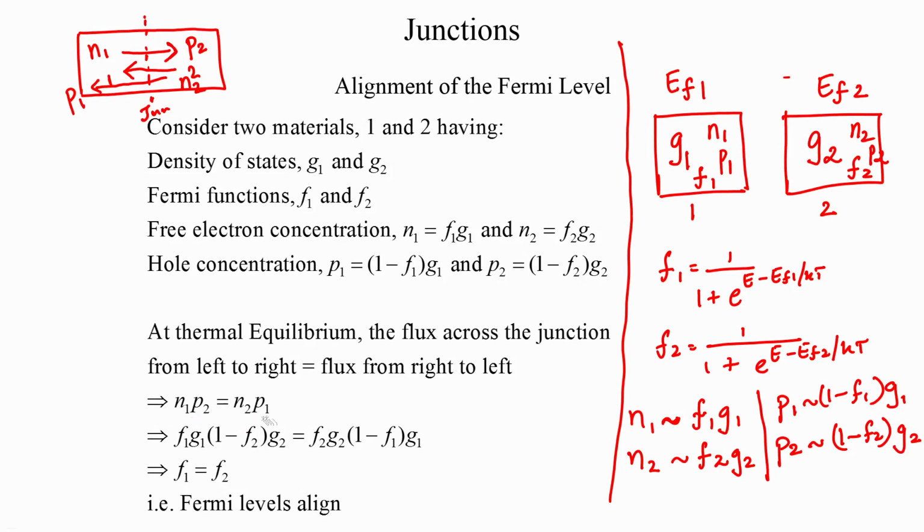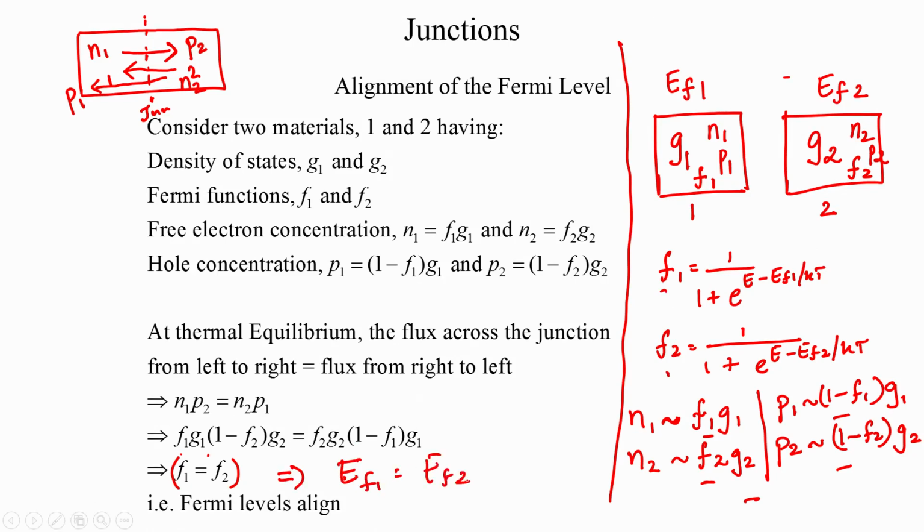So, let us write out N1 and P2 in terms of the density of states and the Fermi functions using these terms that we described here. N1 is F1 G1 and P2 is 1 minus F2 times G2 and so on and so forth, and if you were to solve this equation out, you will find that it says that F1 is equal to F2, and F1 equals F2 automatically implies that at thermal equilibrium EF1 will be equal to EF2.